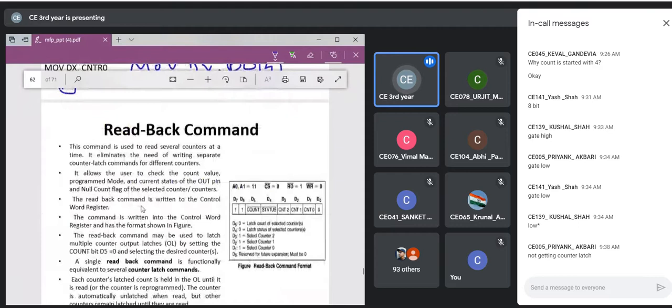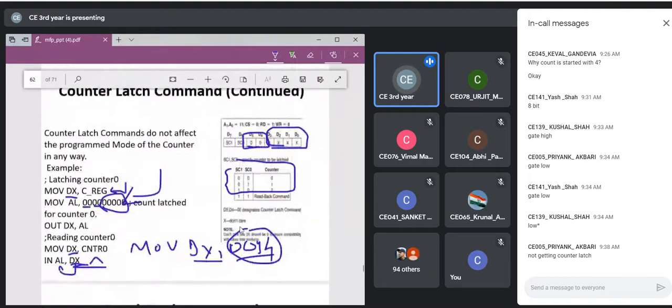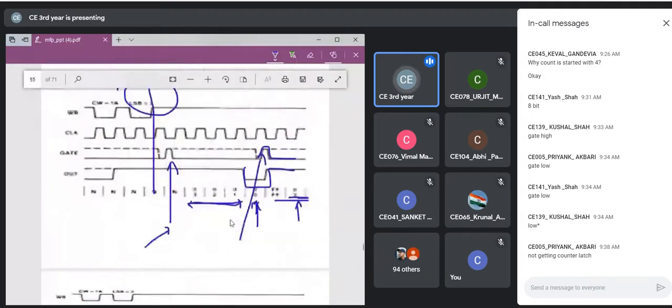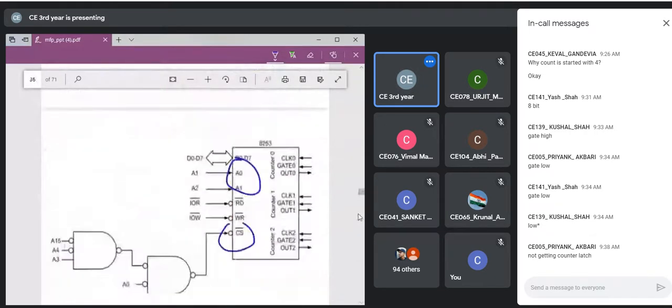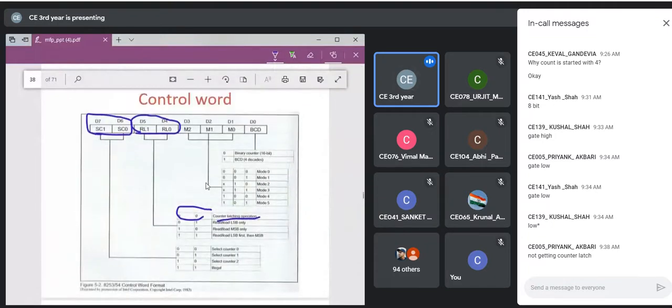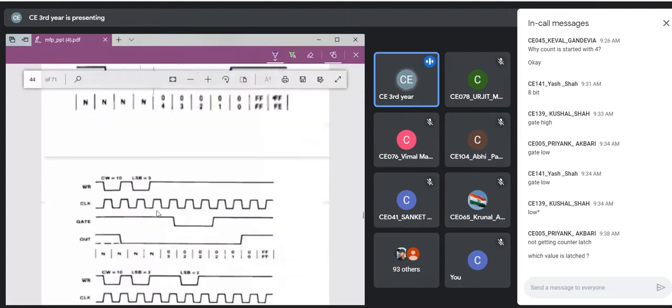Okay, and the next option that we have is the read back command. If you see here in the control word, we completed all these 4, but we have not discussed this 1 1. This 1 1 is, which value is latched, that whatever the current count is, that is latched.